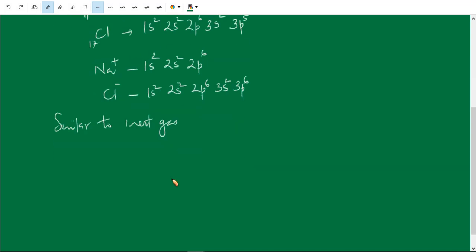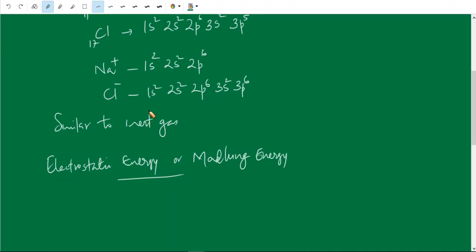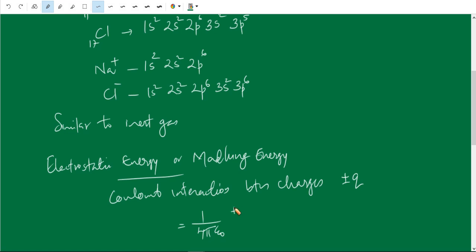Now let us see what the electrostatic or Madelung energy is. Let us consider a crystal in which there are a large number of positive and negatively charged ions. The long range Coulomb interaction between ions with charges plus or minus q has interaction potential energy equal to 1 by 4 pi epsilon 0 times plus or minus q square by r.